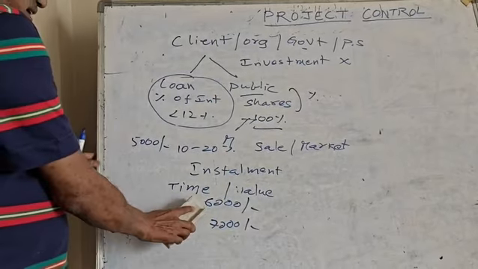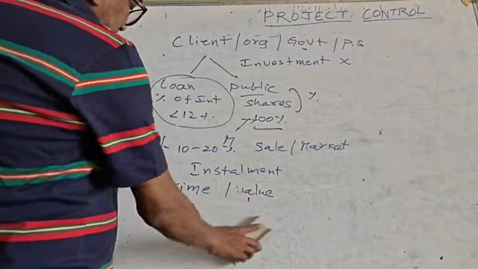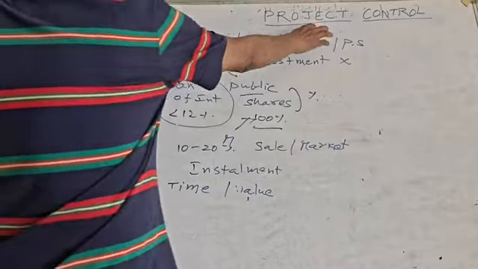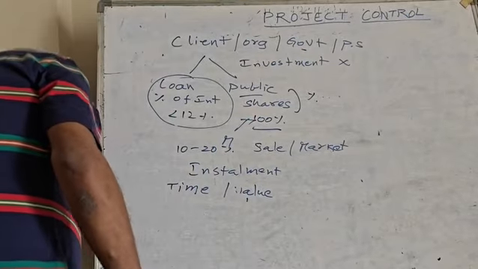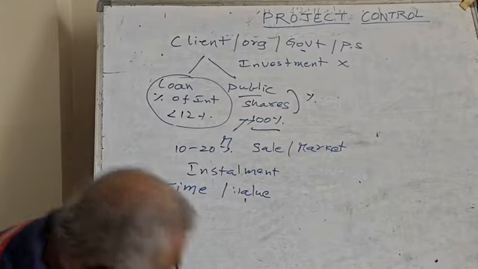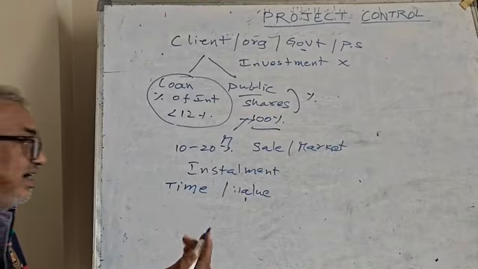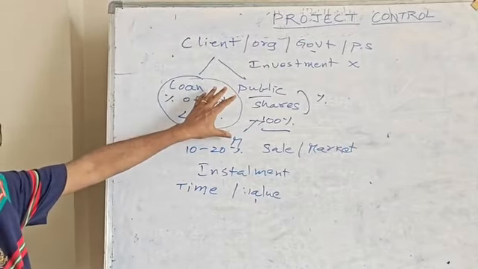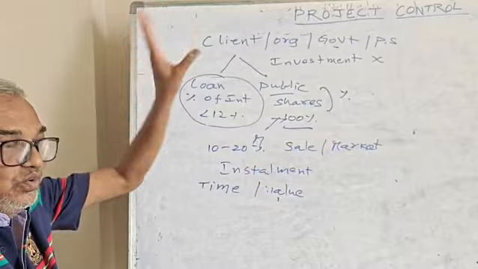But whenever time and value come, one more factor enters, and that is called project control. Whether the project is going as per schedule, behind schedule or ahead of schedule, that has to be taken care of by the consultant, the government or the client, whoever.